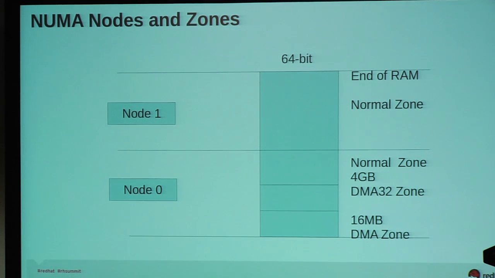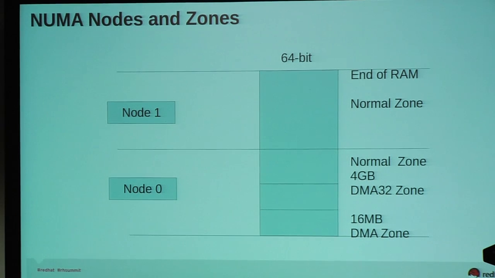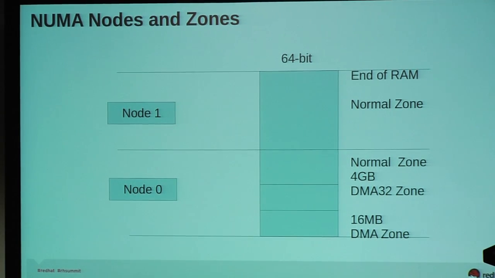So this is what a typical system looks like. This is just a small NUMA system with 2 nodes. Node 0 contains 3 zones, the DMA zone, the DMA32 zone. This is the first 16 megabytes and 4 gigabytes of physically contiguous memory that might be needed for certain devices that cannot communicate with more than either 24 or 32 physical address bits.